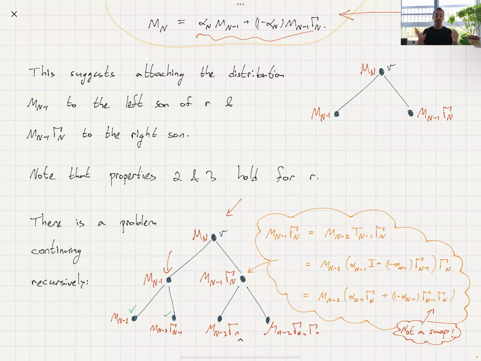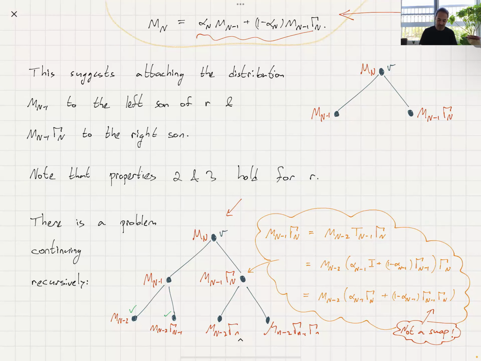You can take m n minus 2 and put it at the left sum of that particular vertex, and m n minus 2 times gamma n minus 1, put it at the right sum, and by the same argument, the distribution of that is a convex combination of these two, and also kind of obviously, the right sum's distribution is the left sum times some gamma n minus 1 this time, times swap, so that's good. But when you move to the right sum, you run into trouble.